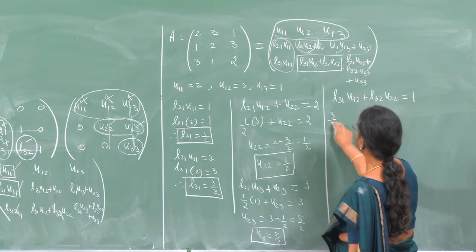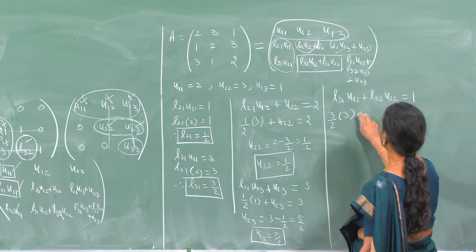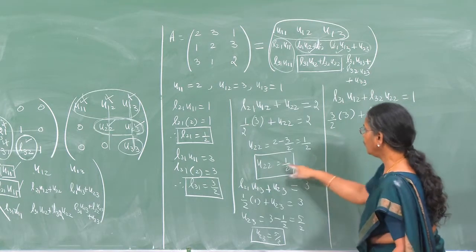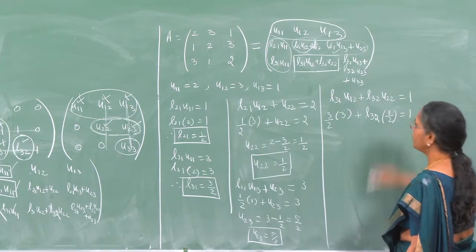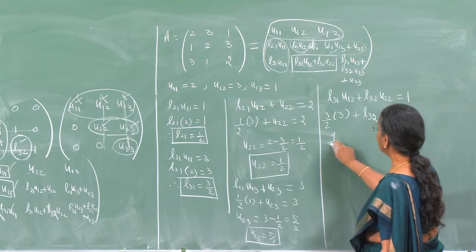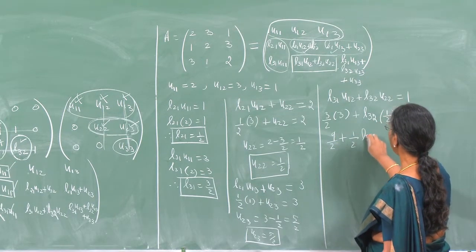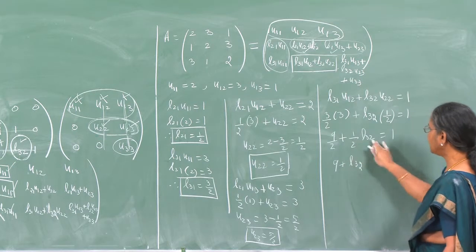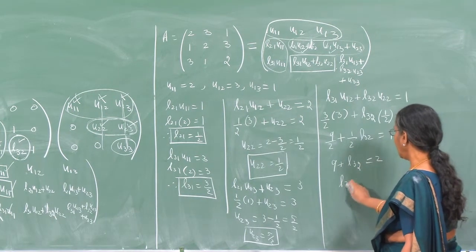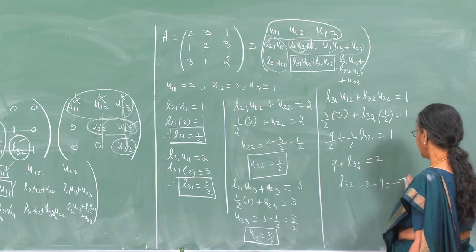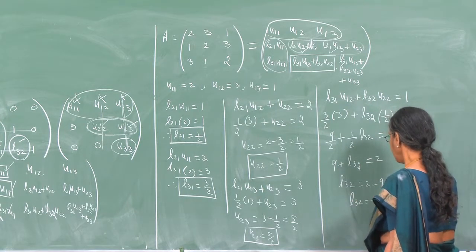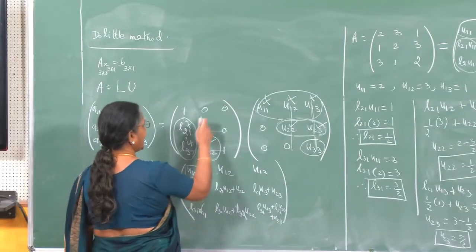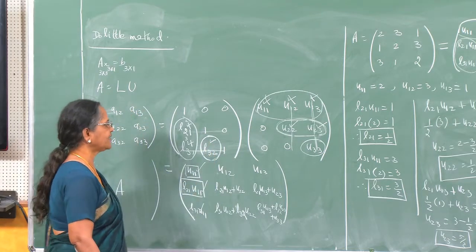L31 is 3 by 2, U12 is 3, L32 is what we want, U22 has been computed and that must be equal to 1. So, 9 by 2 plus half of L32 is 1. So, 9 plus L32 will be 2, and so L32 is minus 7. So, we have computed the entry in the second column of the lower triangular matrix.